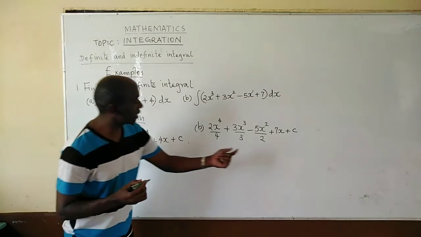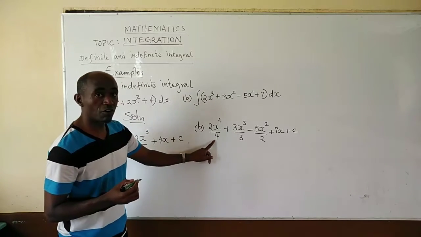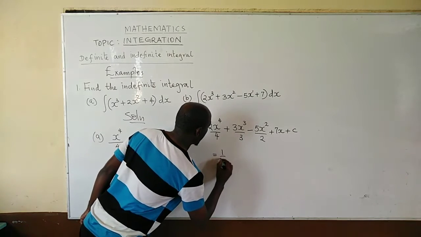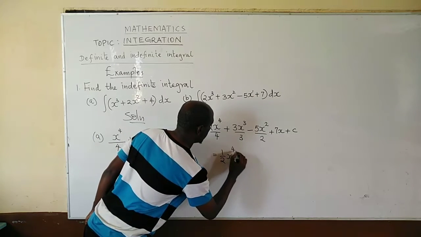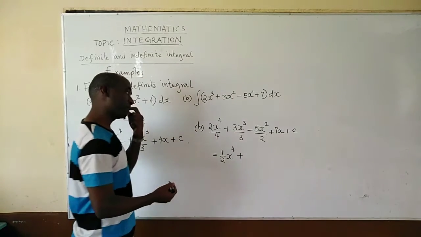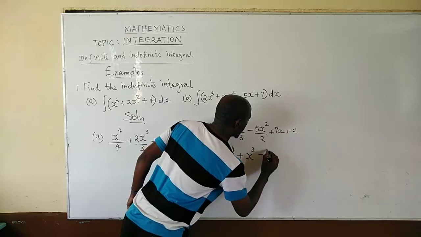So that is the integral which can be simplified. Here we have 2 over 4, which can be simplified to a half. So we will have a half x power 4. And here again, we can cancel this 3 by that 3. You will remain with x power 3 minus 5.